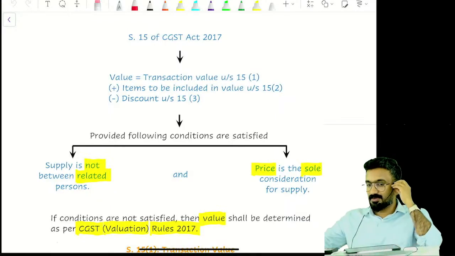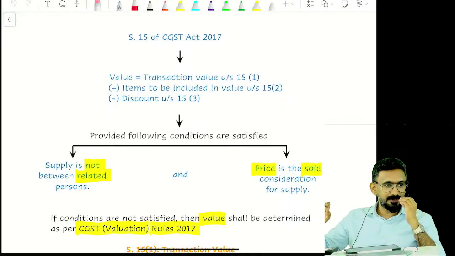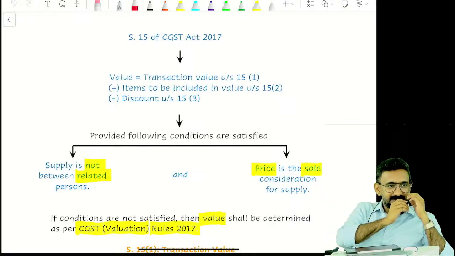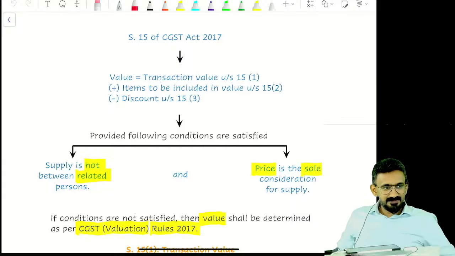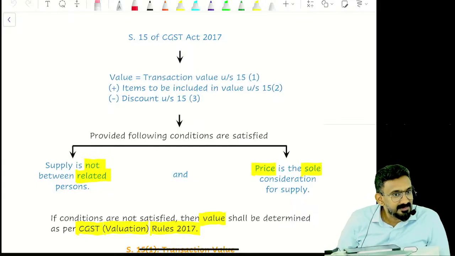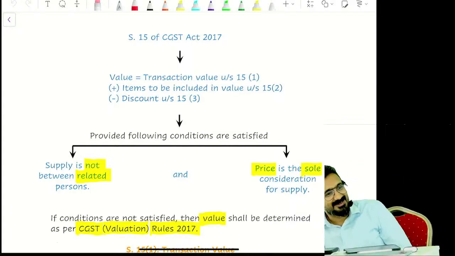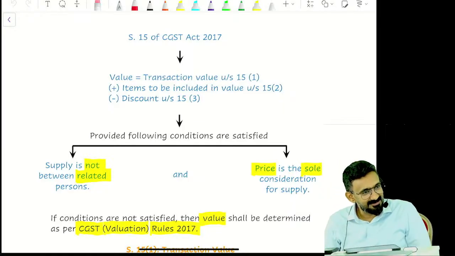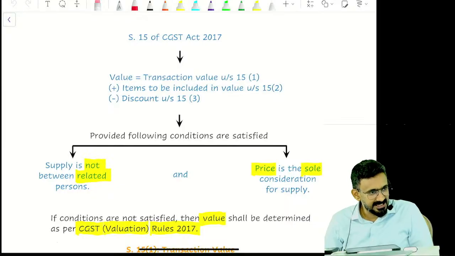Every example of section 15 starts with this. Tell me the whole full name. Wilkie.